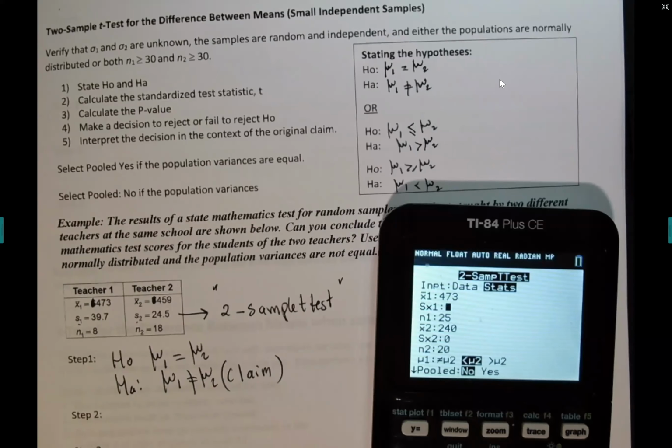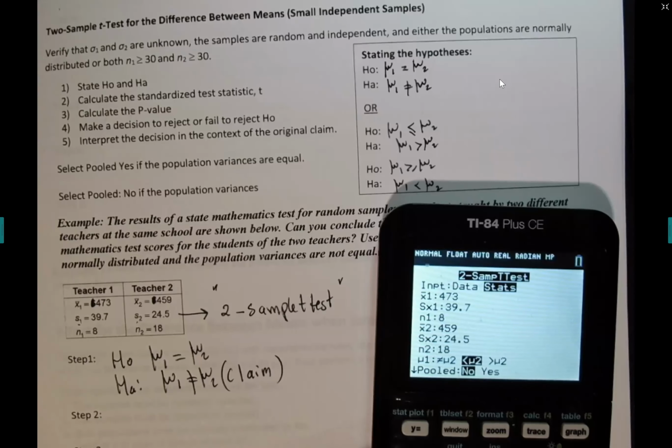S1 is 39.7. N1 is 8. You see, the sample size is small, but he says the populations are normally distributed, so that's good. X2 bar is 459. S2 is 24.5. And N2 is 18.